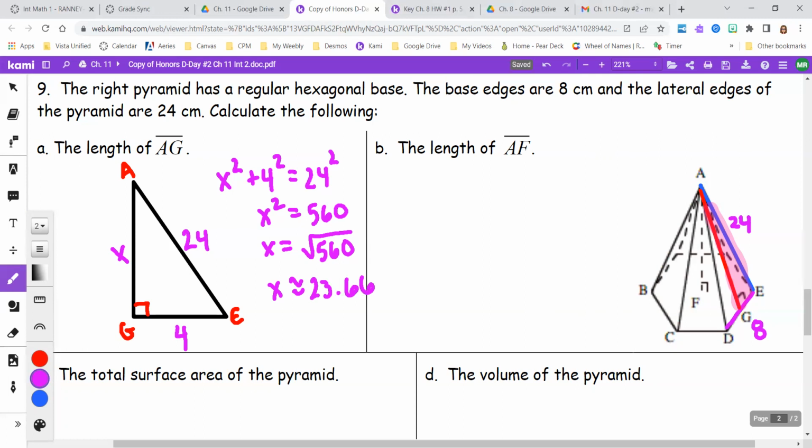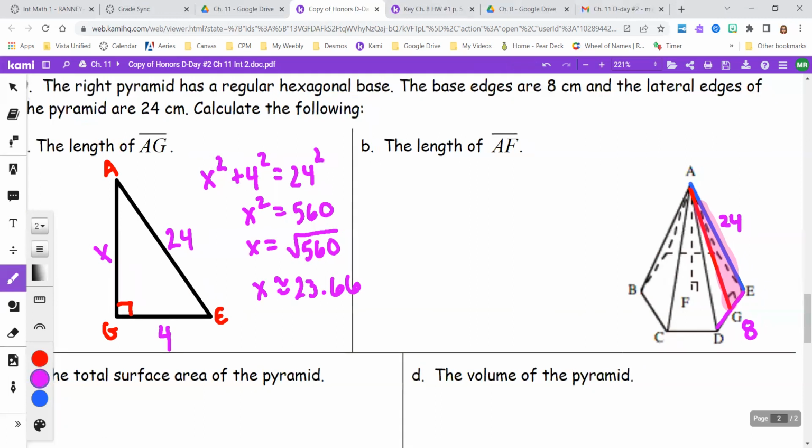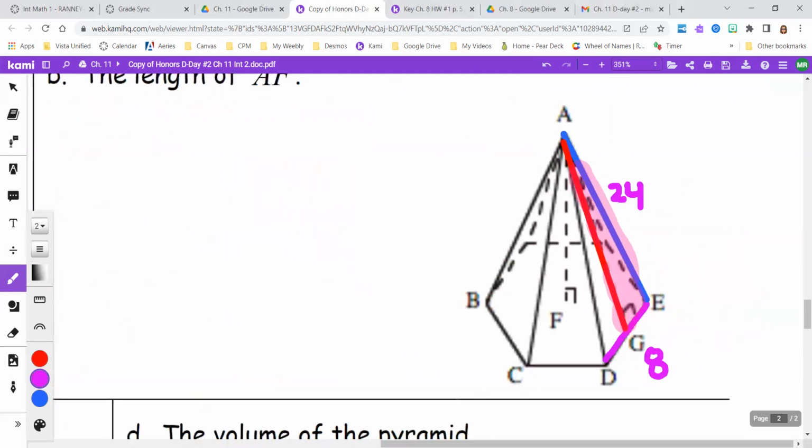Now, I need that length for the surface area. So for the surface area, I need to find the triangles that are the faces and then the pentagon. So if I'm looking at one of these triangles, let's just say I'm looking at this triangle right here. All of these triangles are the same.